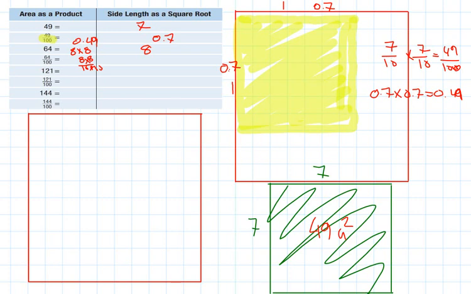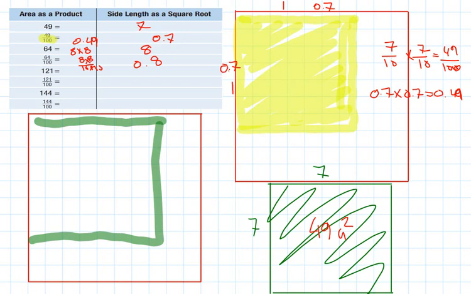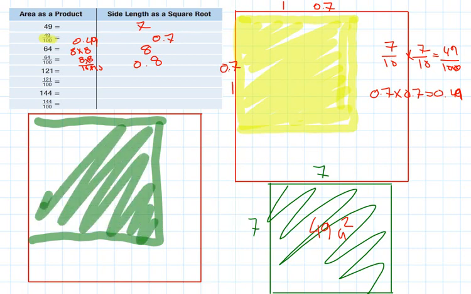So we have 0.8 in here. Again, if you want to represent it, you can use this second one. So you have 1, 2, 3, 4, 5, 6, 7, 8 here, and then you can color it in. Okay, so that would be what we have here.